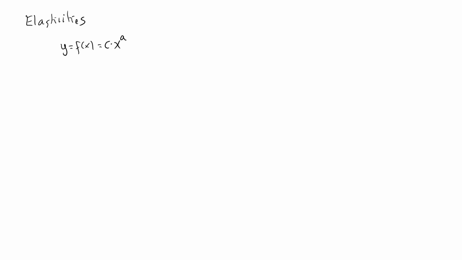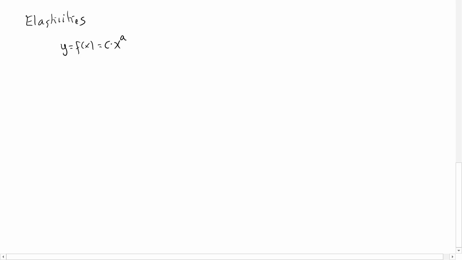First, just a quick review on elasticities. So let's say I have y as a function of x, and this function is some constant times x to the a, where x is greater than or equal to 0. And this is generic notation now, so this y and x doesn't necessarily have anything to do with the regression model.